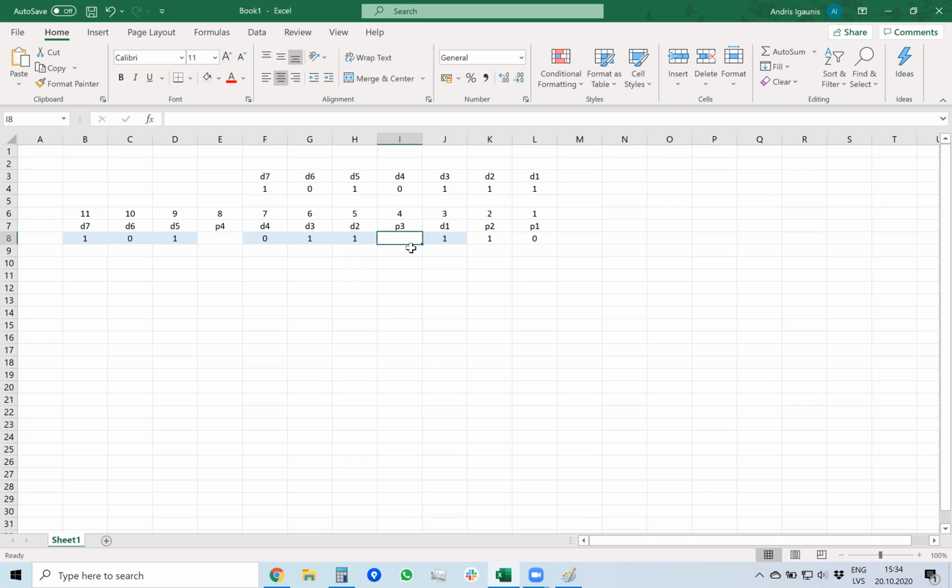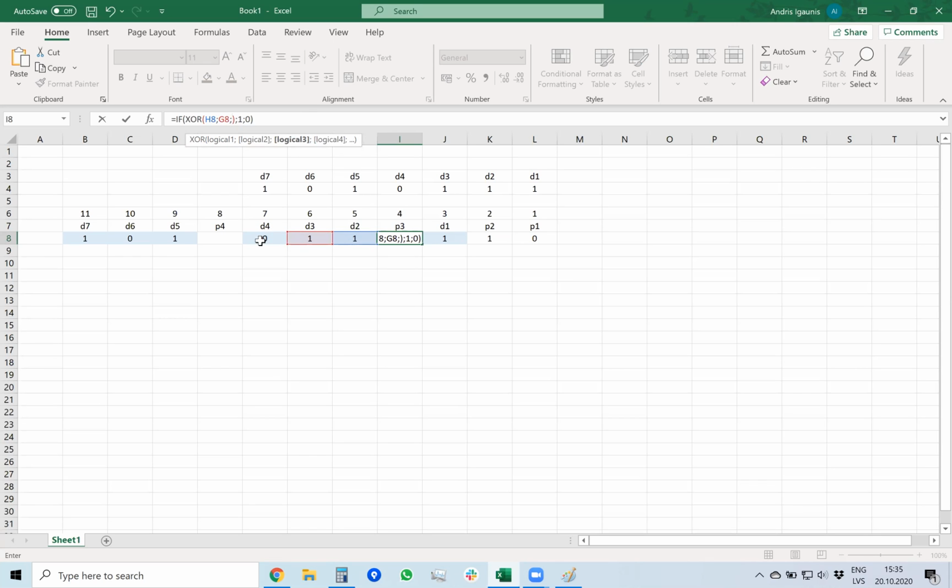So parity bit number 3 is for numbers that contain 4. So 5, I'll just use the same formula. Let's try again. This 5 contains 4. 6 is 4 plus 2, so this also participates.